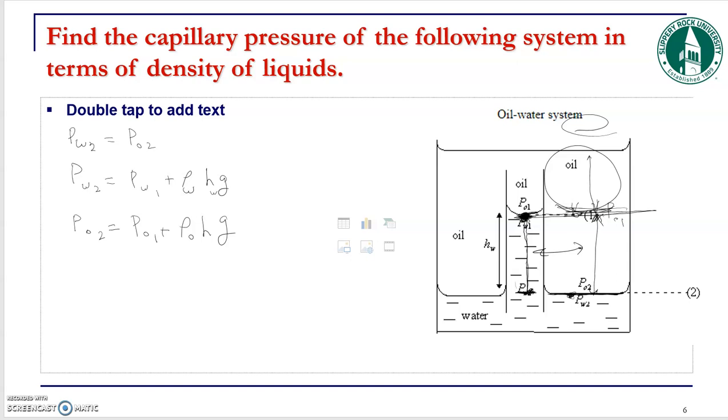So we have these two equations. And since we know that PO2 is equal to PW2, we can put these equations equal to each other.